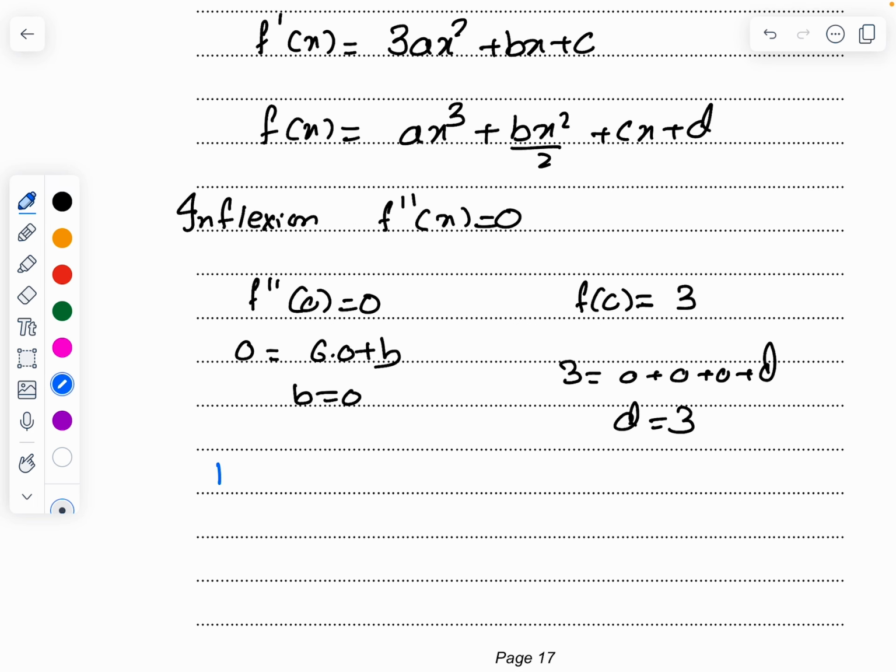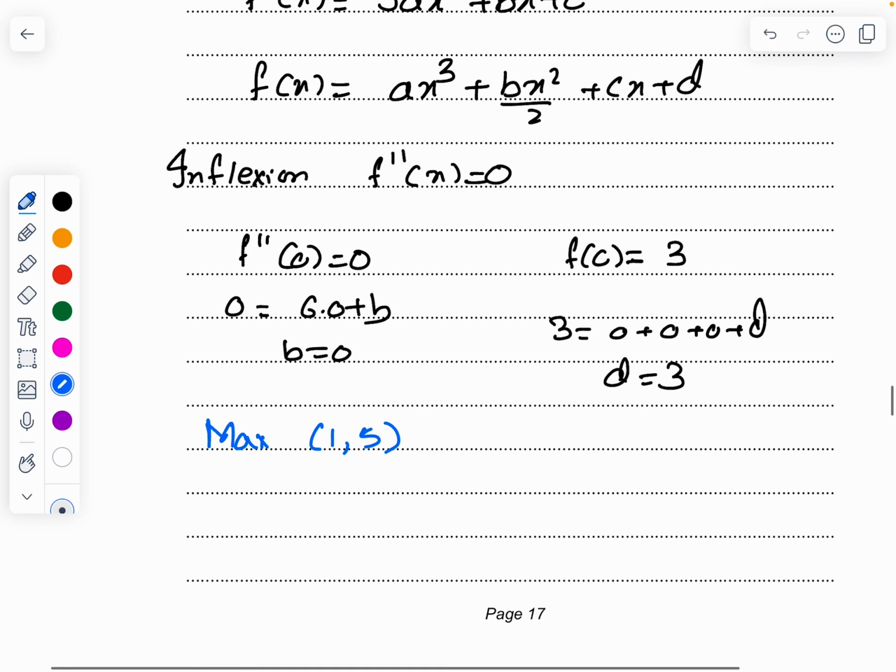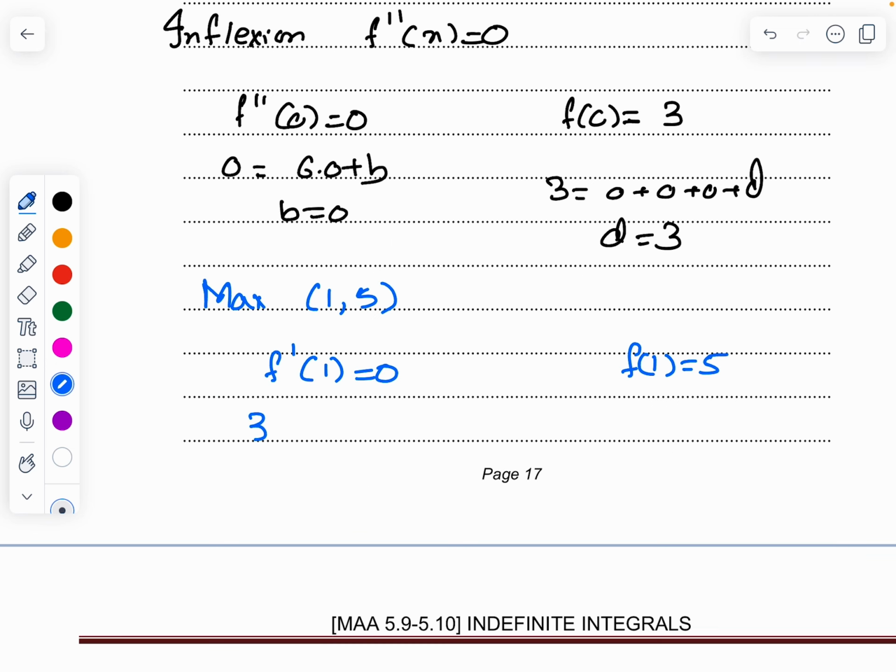Next what he says, maximum at 1 comma 5. What does it mean, maximum at 1 comma 5? f prime of 1 should be equal to 0 and f of 1 should be equal to 5. f prime of 1 equals 0 means 3a plus c should be equal to 0.